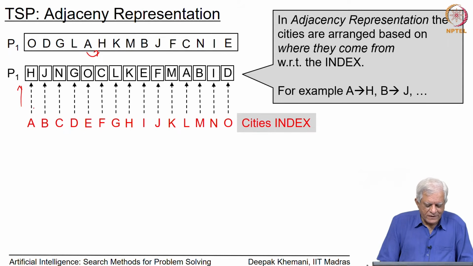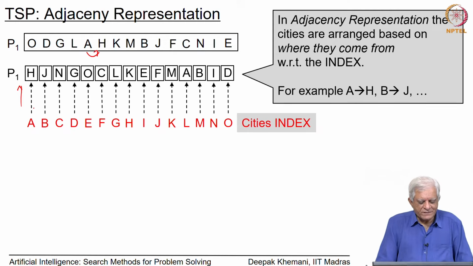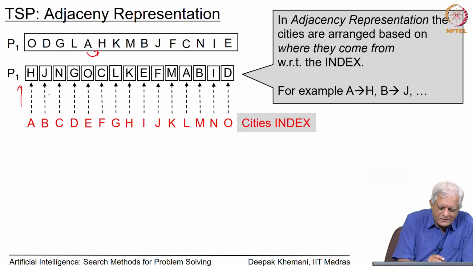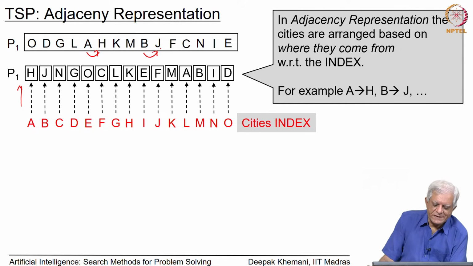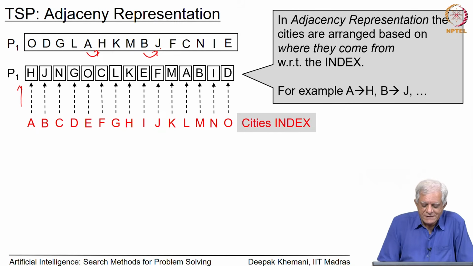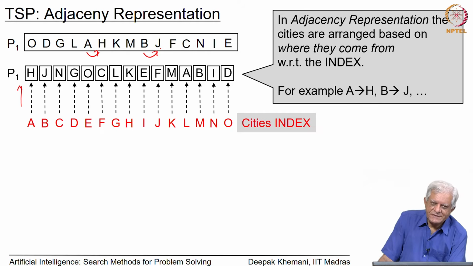Since from A you went to H, in the first location we store H. Likewise, in the second location we store J, because you can see in the path representation that you have gone from B to J. And likewise, for the rest of the cities we have created a different representation, which is the adjacency representation.